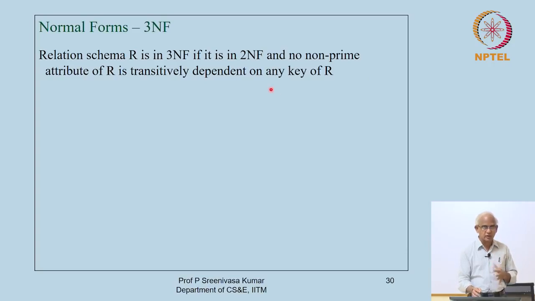In the previous example, head of the department is transitively dependent on the key roll number. That is why it is causing problems for us.